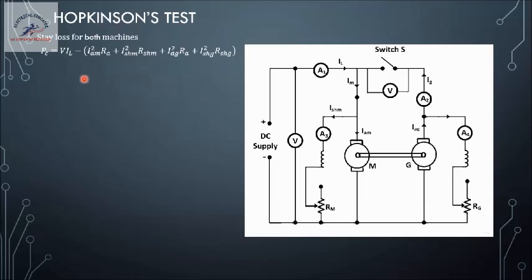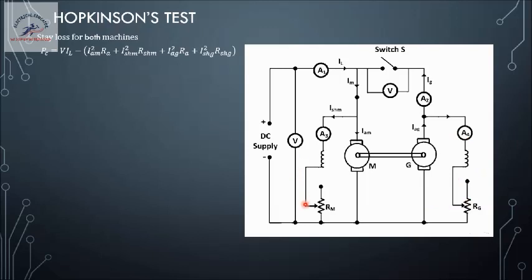So the supply power is V into IL. From that, subtract IAM square RAM, the armature copper loss, ISHM square RSHM, where RSHM is the total resistance of the field circuit, IAG square RAG, and ISHG square RSHG. Since we are using rheostats here, it is possible that these two rheostats are not at the same position, so the total resistance of the field circuit of both machines will not be the same.